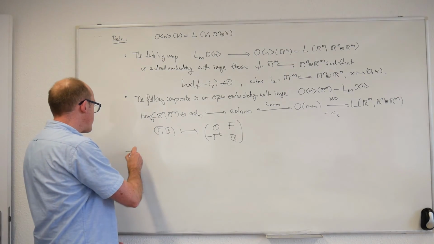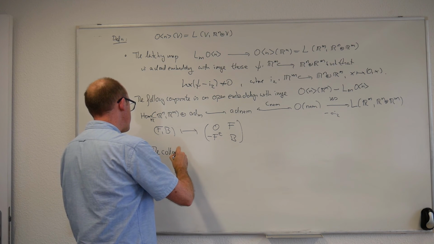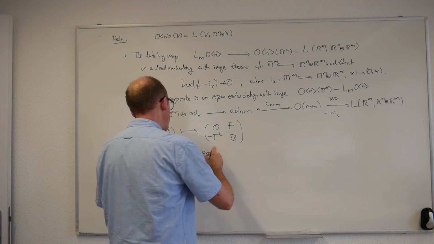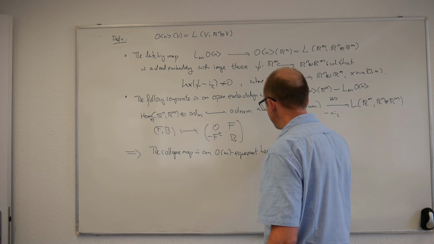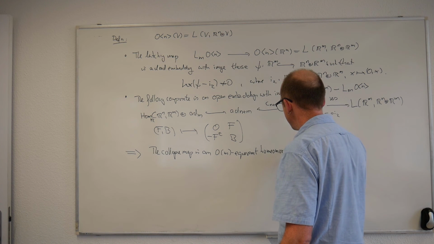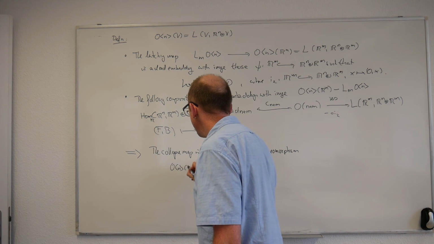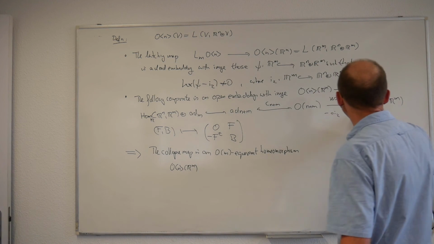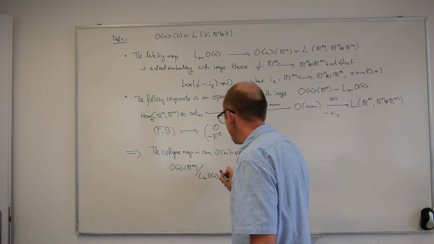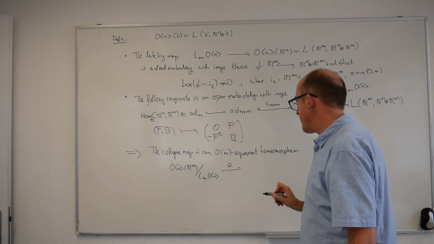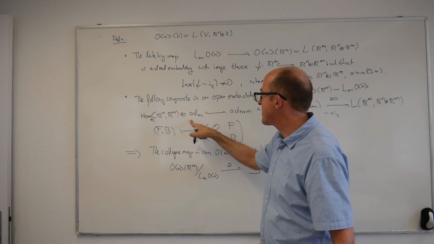The corollary is, of course, again, that we have a collapse map. The collapse map for this embedding is an O_m equivariant homeomorphism from the quotient of O⟨n⟩ at R^m, which is this Stiefel manifold here, modulo the mth latching space of O⟨n⟩, and it's O_m equivariantly homeomorphic to the sphere of the inner product space of the vector space that we have here.